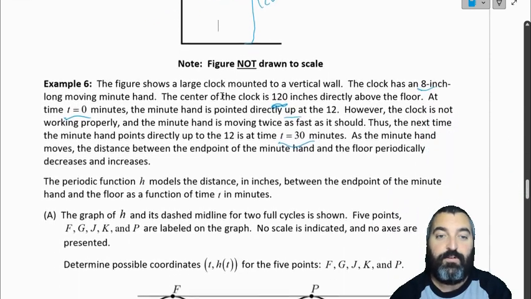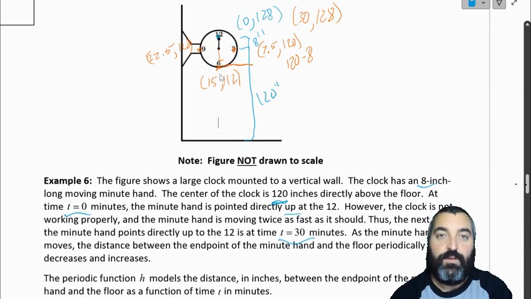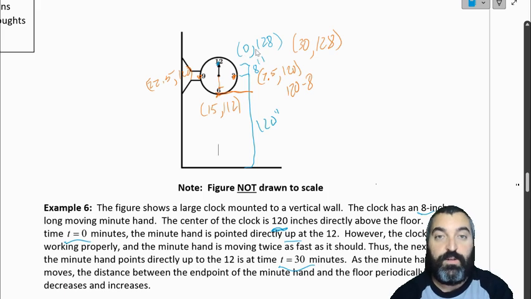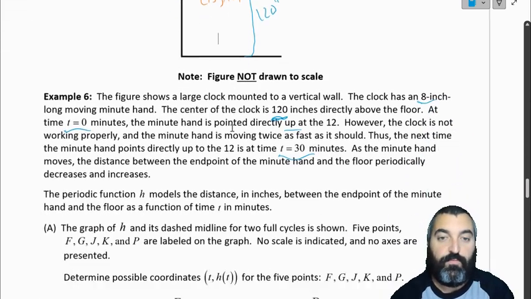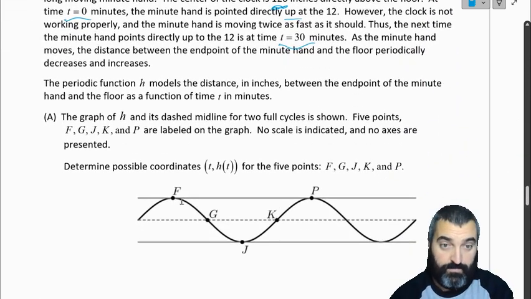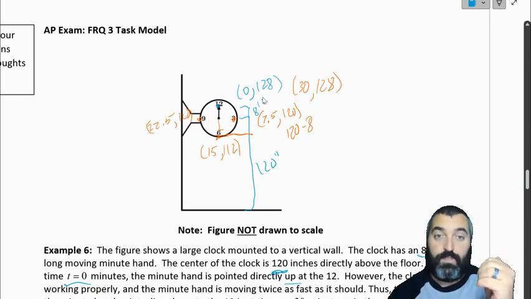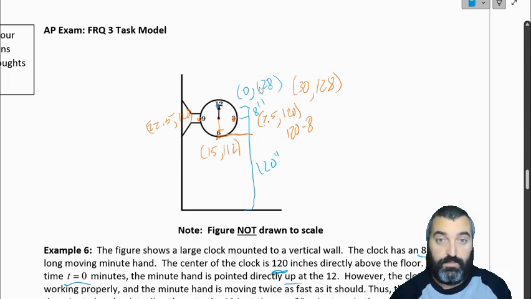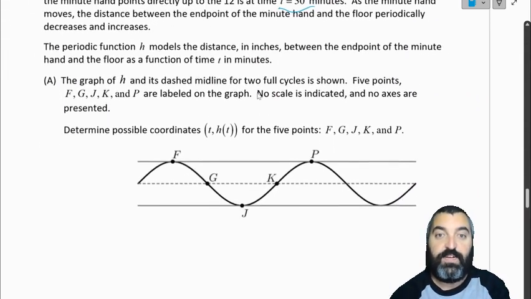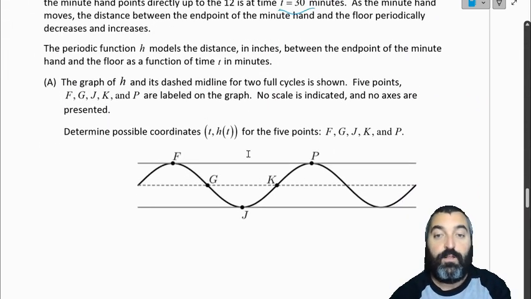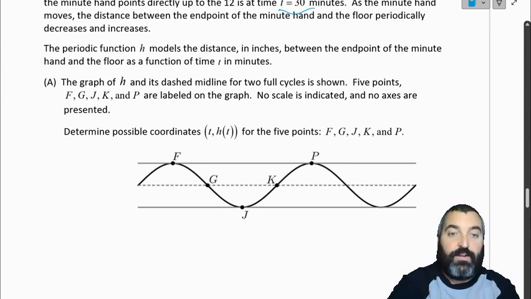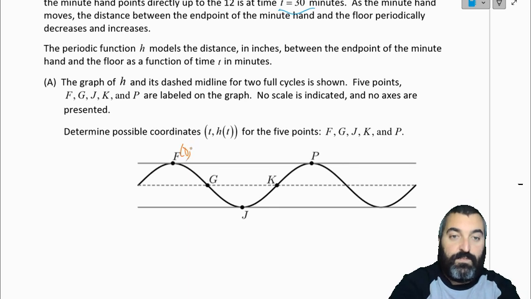We just got to think about where each one would match up on the graph. The first point is 128, and it was a maximum. Look at all the y values: 128, 120, 112, 120, and then 128 again. It's the highest point, so that's going to be a maximum. Let's find a maximum point on here. F and P are both maximums. I'm going to make my life easier and call the one on the left the 0.